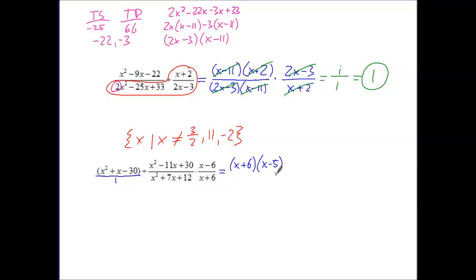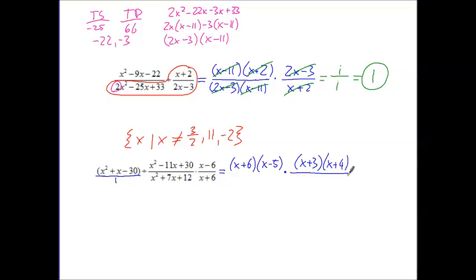That term gets multiplied by the reciprocal of the second fraction, which we also have to check for factoring. Our new numerator, x squared plus 7x plus 12, can be factored into x plus 3 times x plus 4.